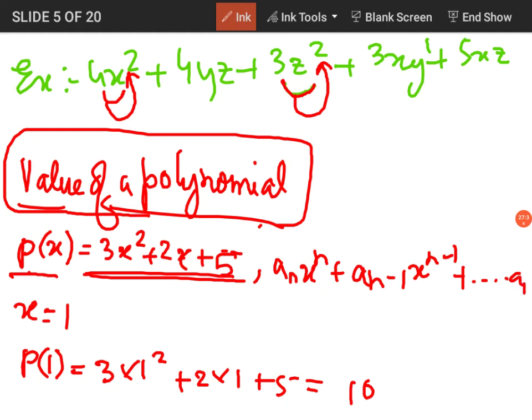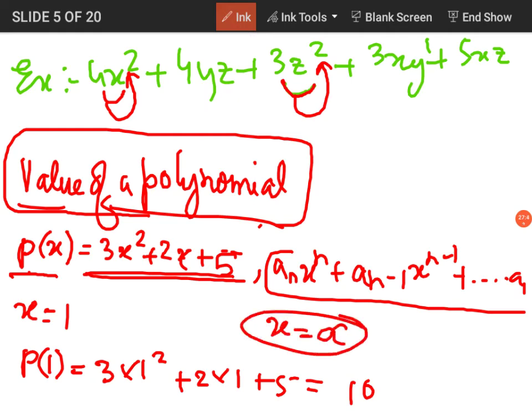So if you want to find the value of this polynomial for x at alpha, you have to just replace x with alpha. So you will write p of alpha here and replace all the x with alpha, and you will get your answer. And the answer that you will get is the value of this polynomial at x equals alpha.